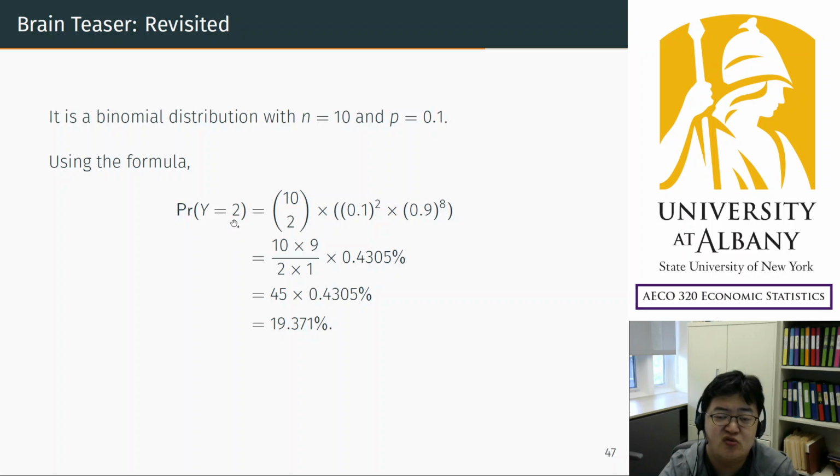By the way, as you can see, if you're interested in the probability that the number of cancellations is 3 or 4 or 5, then just by changing this number, this number, this number, you can calculate the probability. So what you can see here is what we need is only these two parameters.